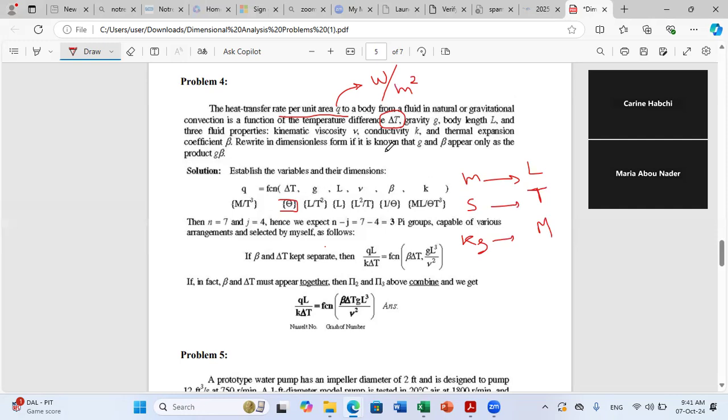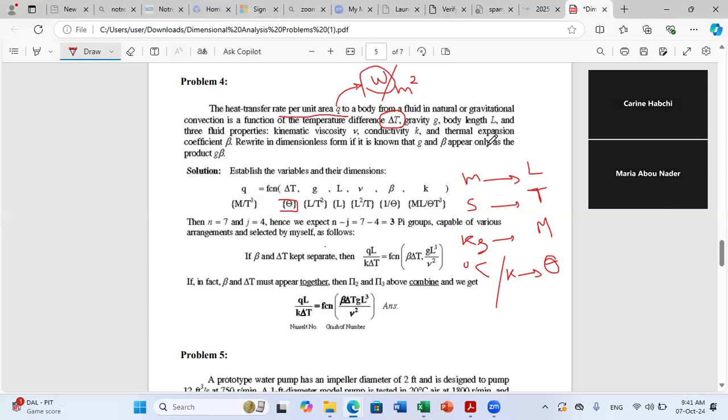So for delta T, which has a unit of temperature, degrees or Kelvin, I need a dimension for it. We will call it theta.